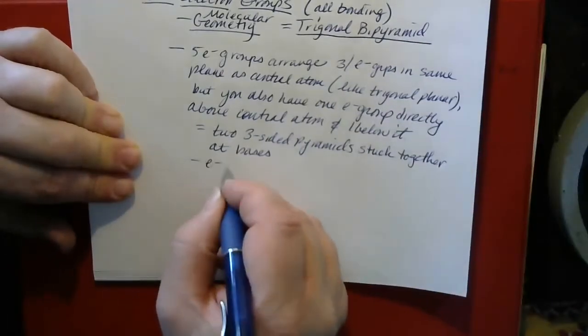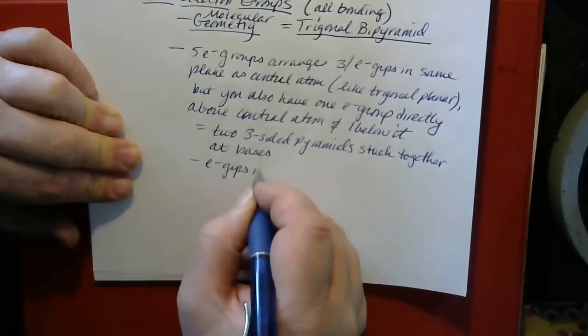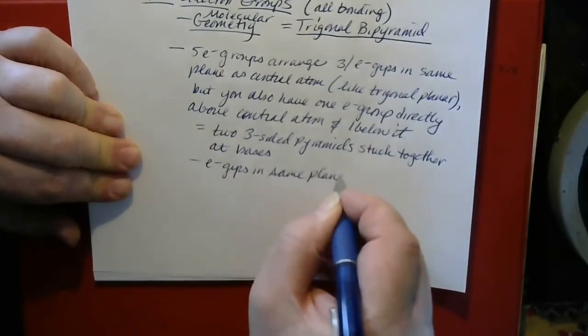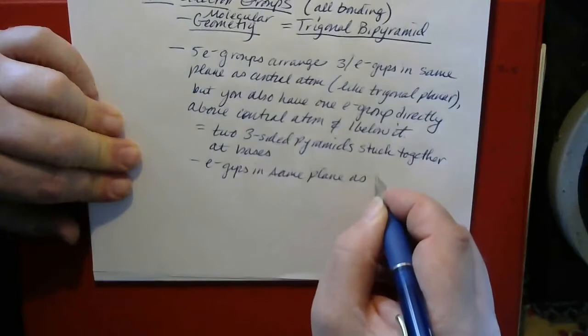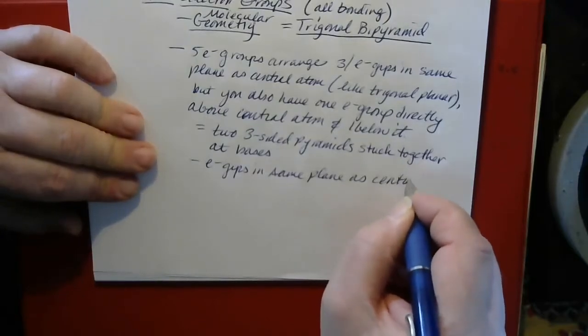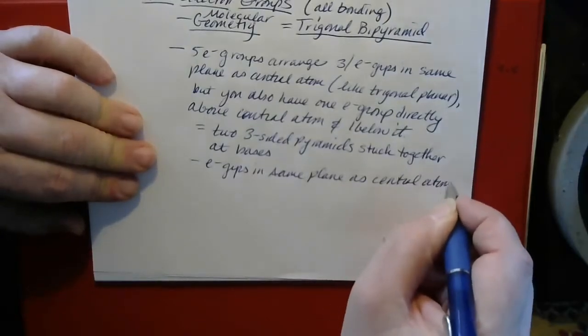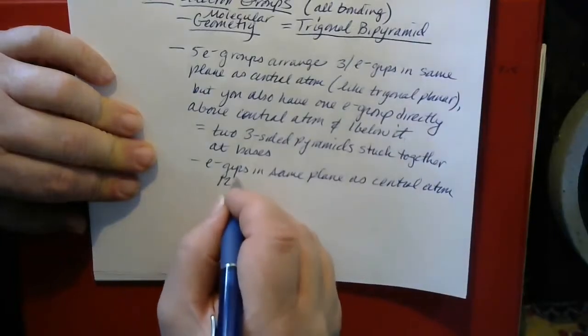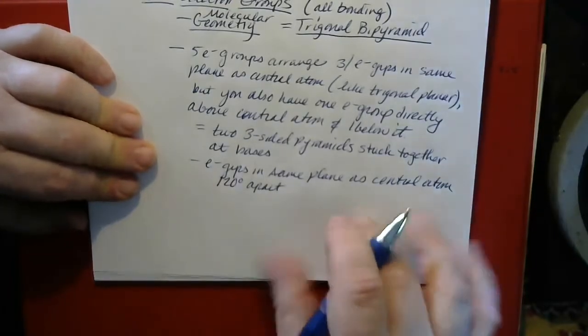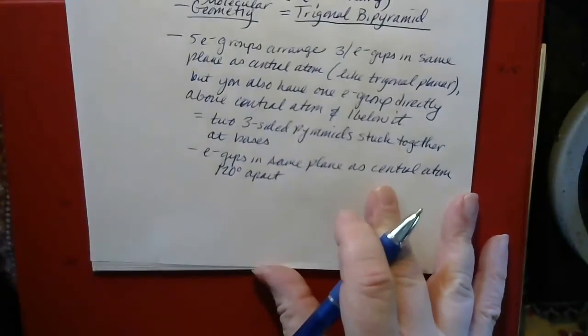The electron groups in the same plane as the central atom are 120 degrees apart, like they are in trigonal planar.